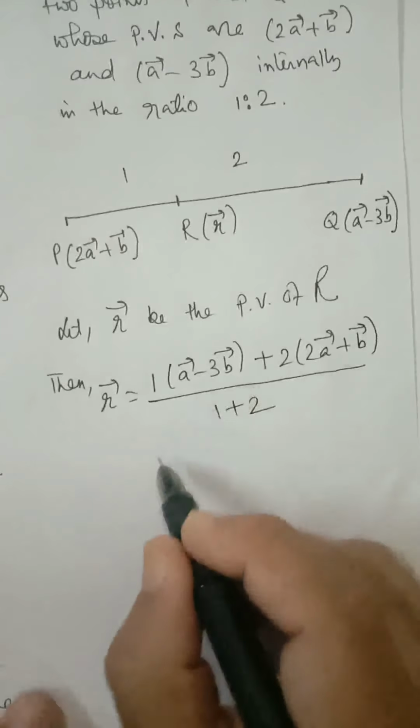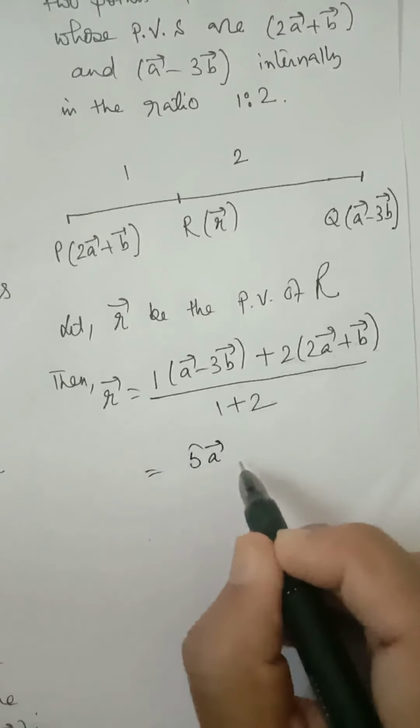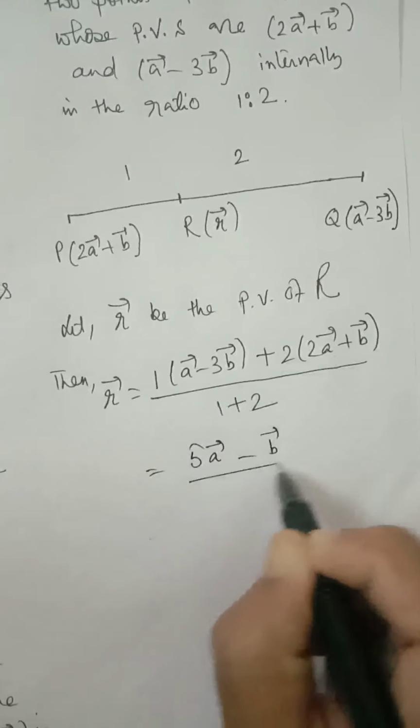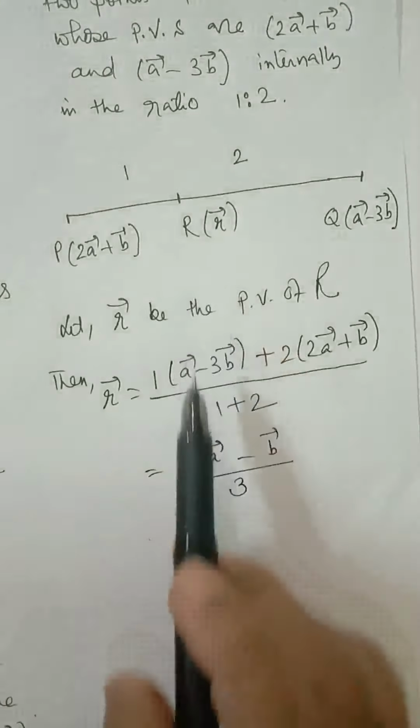So this will be 5a vector minus b vector by 3. This is the position vector of the point R.